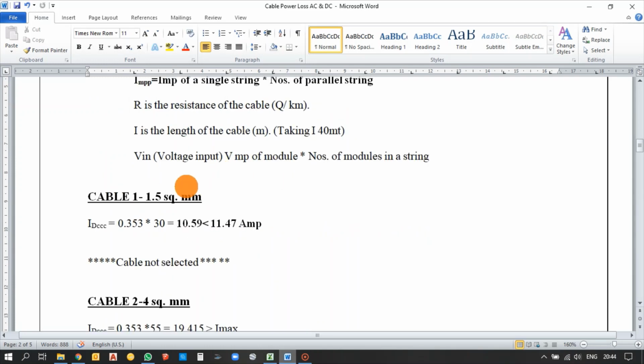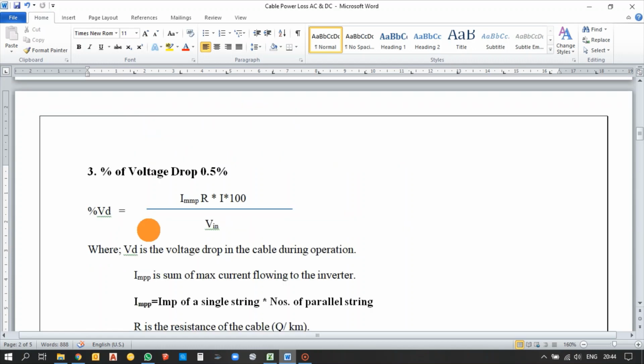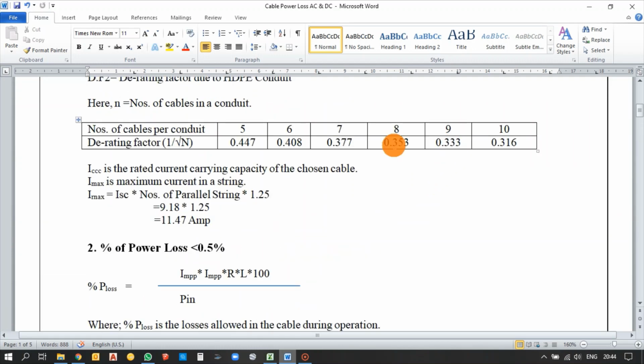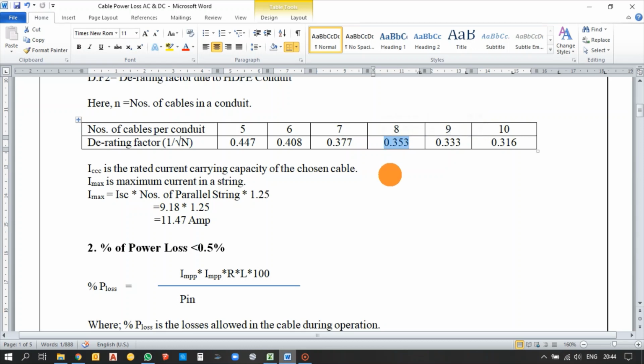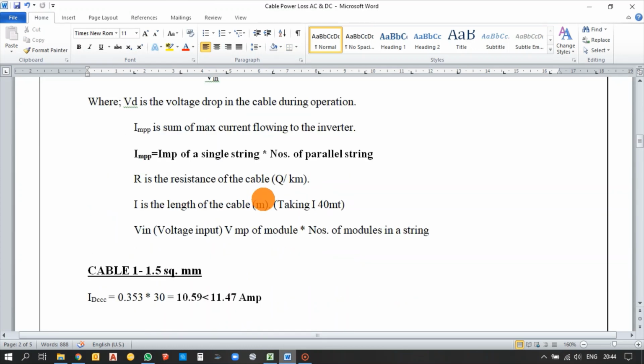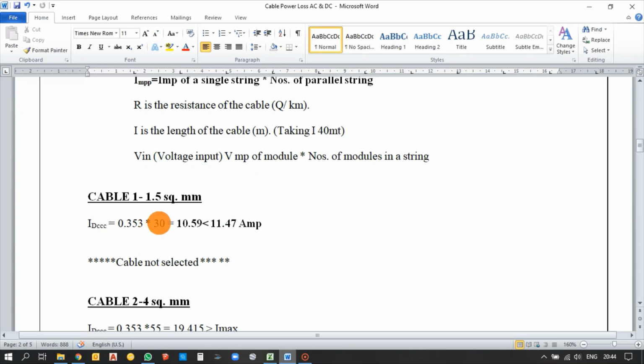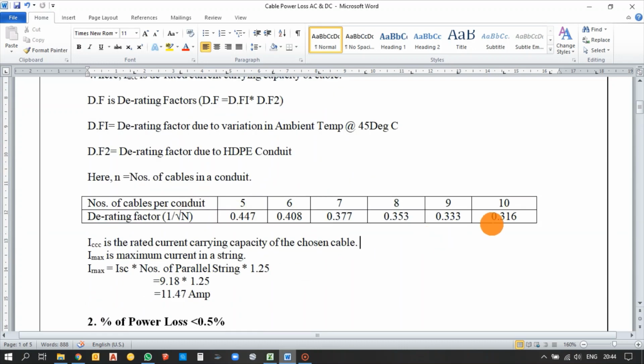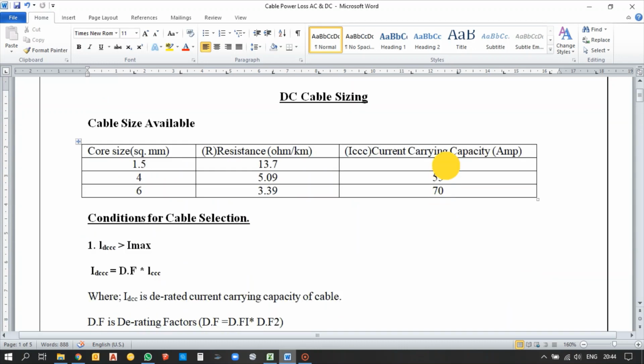And let's see with cable 1, that is 1.5 square mm. The derating factor we have selected is 0.353, and 8 cables are selected in a conduit. Into 30, that is the maximum current that the cable can carry.